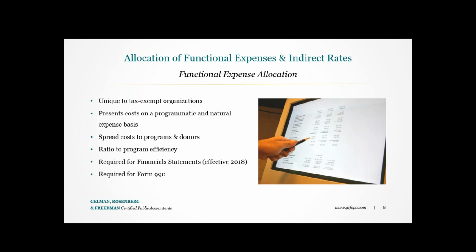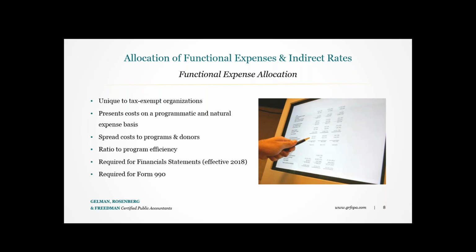And so some organizations have already set up to include a functional expense statement in their financial statements, but it was not required until the release of the new accounting standard, which we'll go into a little bit.